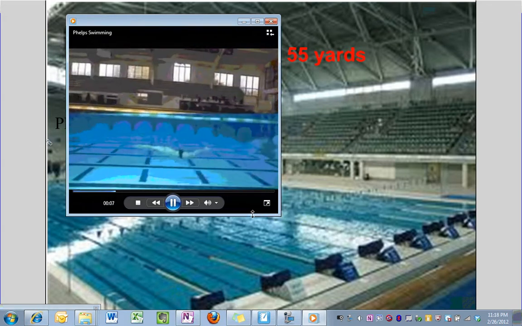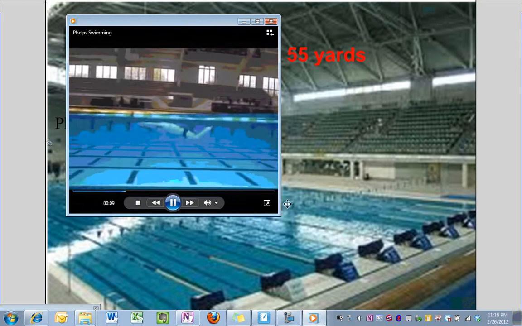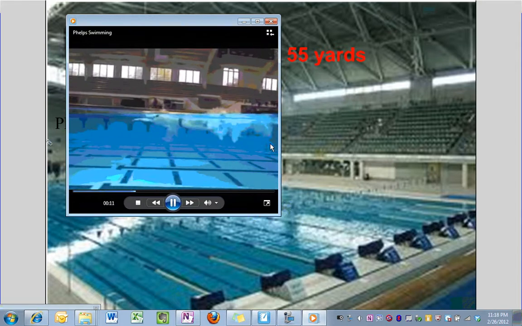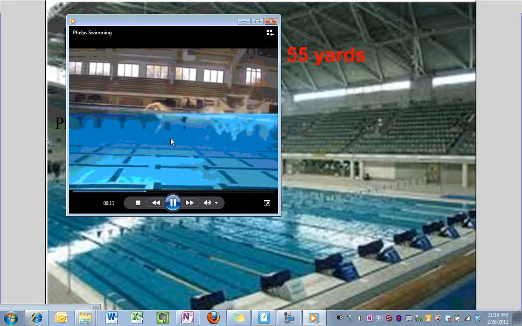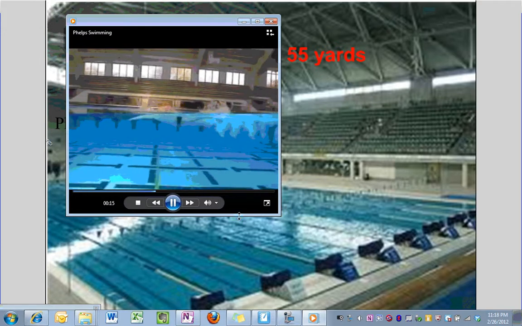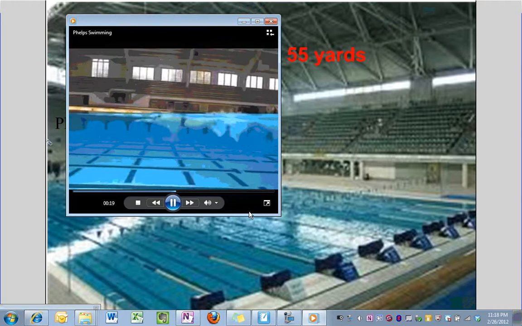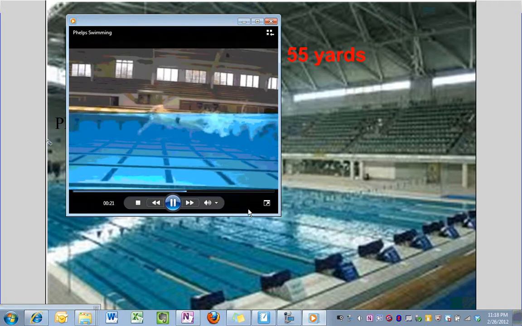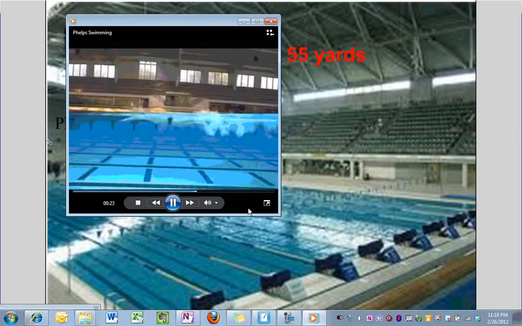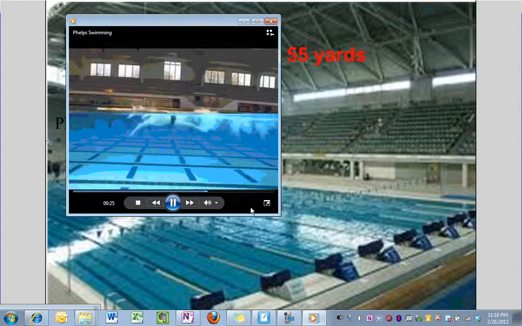Now he's a very fast swimmer because that's Michael Phelps. But as you can see, he's swimming. It's taking a while to get through 50 yards. So 50 yards isn't any short measurement of distance. It's pretty far.